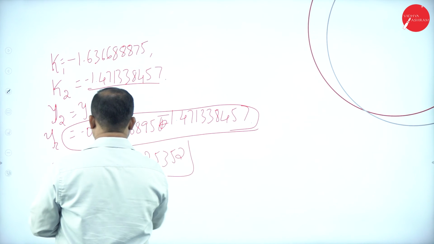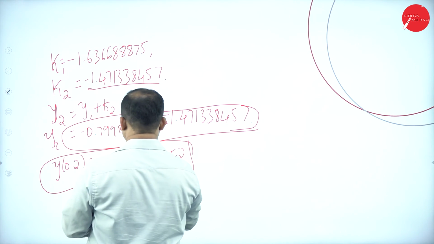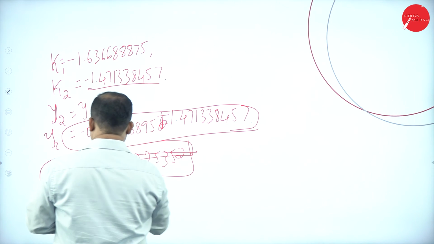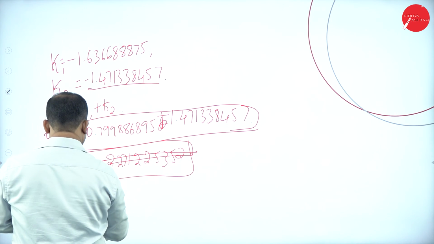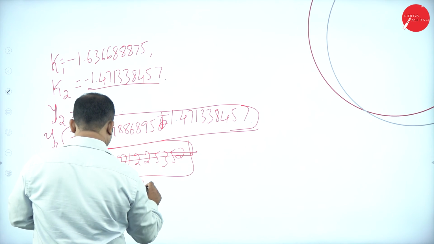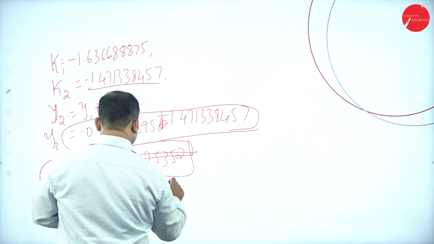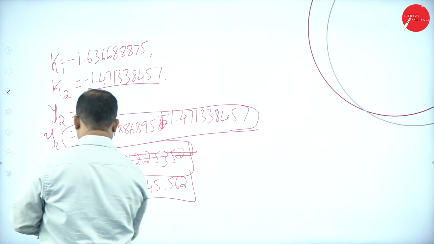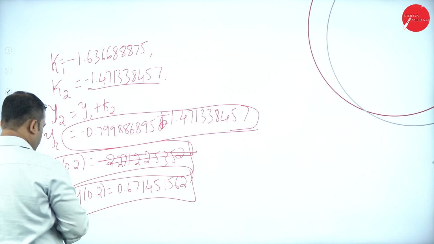That is the solution of this. That is this plus this leads to the value y of 0.2 is equal to 0.671451562. This is the value of y of 0.2.